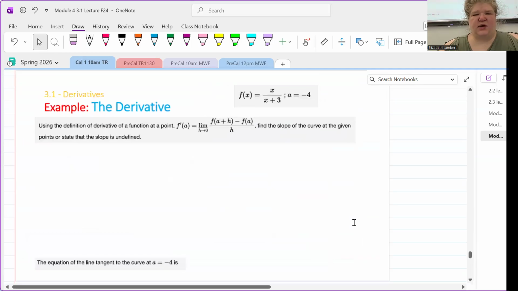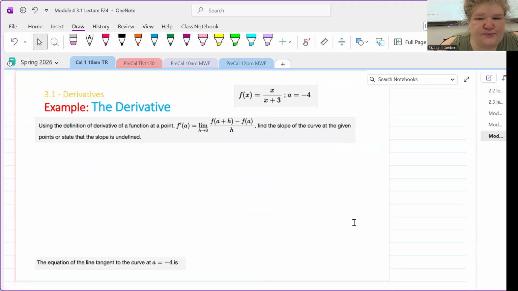All right, our next one, we have an annoying rational function. And they give us our more traditional definition of the derivative. But this one has a follow-up question. They also want us to write down the equation of the line tangent to the curve at this value.